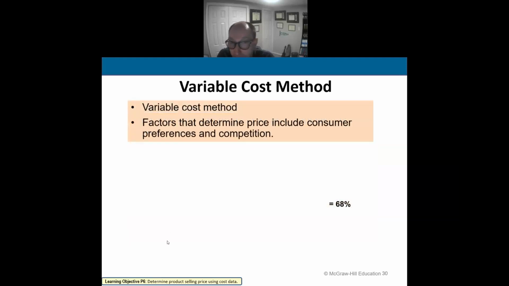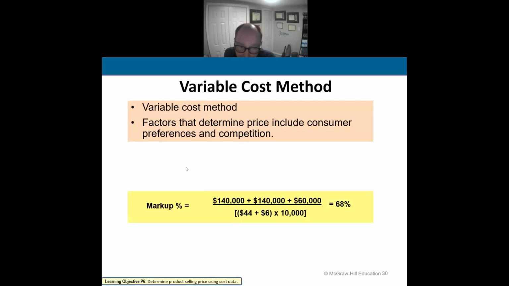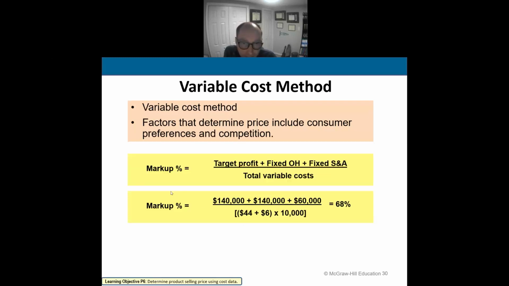Another method of determining your sales price is called the variable cost method. This is where we look at the variable cost per unit to understand what our sales price would be. We also look at what competition is doing, but to some degree. So we take our target profit plus our fixed cost, our fixed overhead, plus our fixed selling and administrative expenses, divided by our total variable cost.